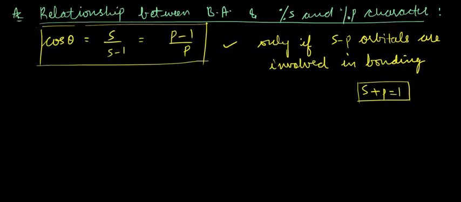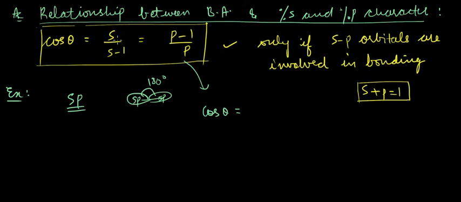Okay, so suppose we have, for an example, sp hybridized orbitals. So it is something like we have an angle of 180 degrees in sp hybridization. So let's prove this with this formula. So we have cos theta equal to the fraction of s character, which is 0.5, divided by s minus 1.